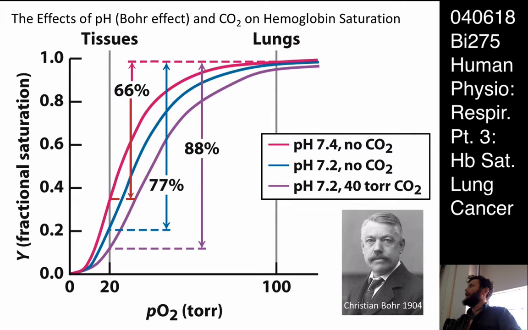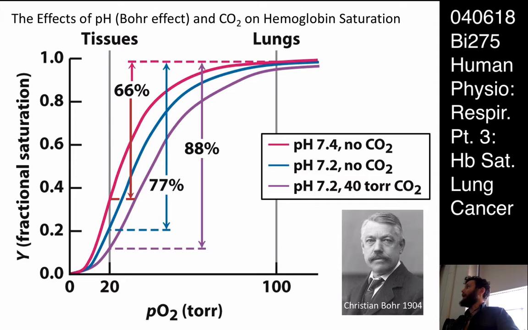So another effector is carbon dioxide. The red line is the saturation curve for hemoglobin at physiological pH with no carbon dioxide present.